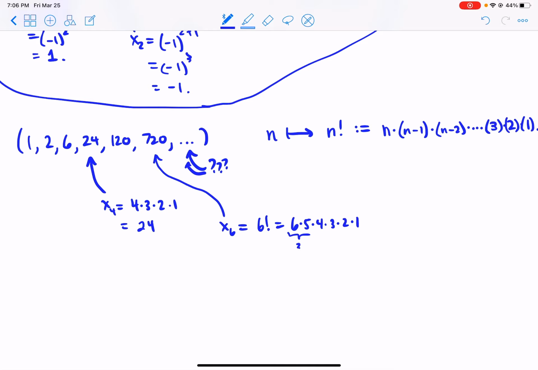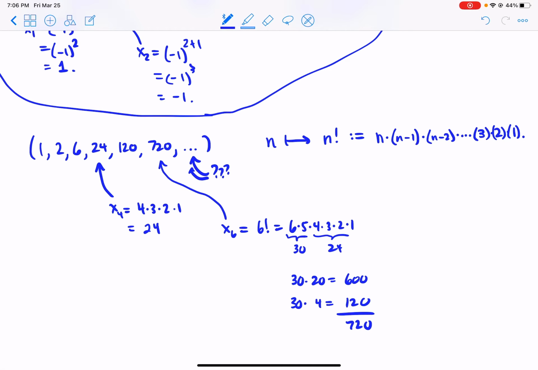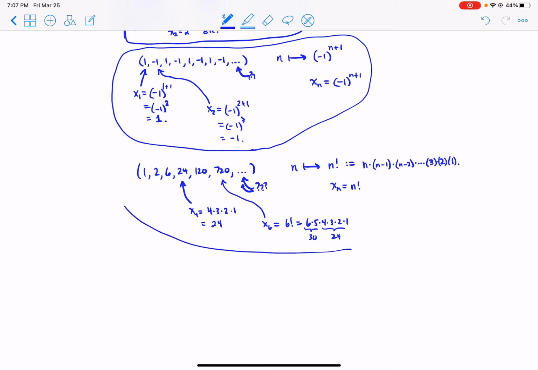This is 30, and this is 24. And I can multiply these together. 30 times 20 is 600, and 30 times 4 is 120, and in fact, that is 720. Excellent. So we could also write this as x sub n is n factorial. That's a formula. Okay, that was the third example.